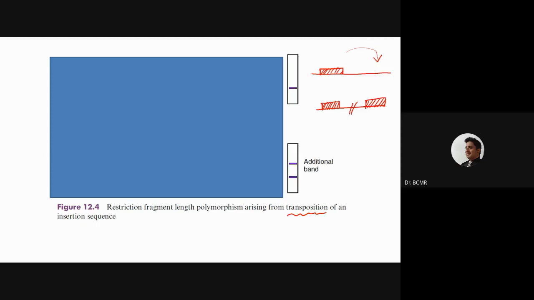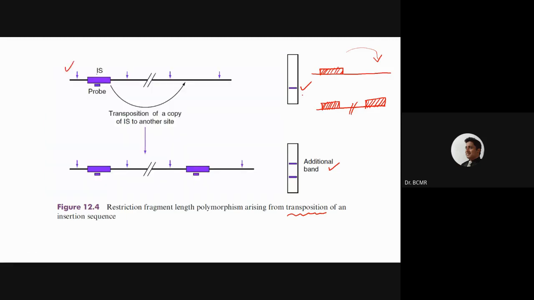Copy-paste methods. So if we are going to analyze transposition, and you have made a probe against the transposon, if it gives one band, what does that mean? And if it gives an additional band, what does it mean? How many copies do you expect? So in the first one, you would have expected only one copy, like this. IS is for insertion sequence.